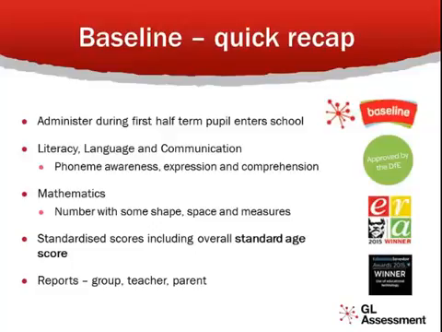And Phil, would you like to say something about the data that comes out of baseline? Yeah, I think just a couple of things in particular about the standardized age score. First, we're very keen that people understand that it is a standardized score, but it is a standardized age score. This allows us to be quite specific in making comparisons between individuals of a very similar age.